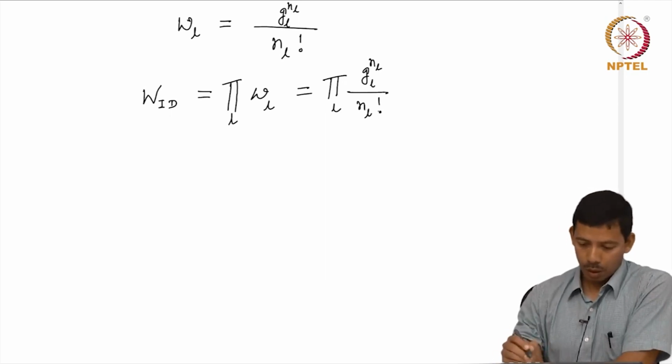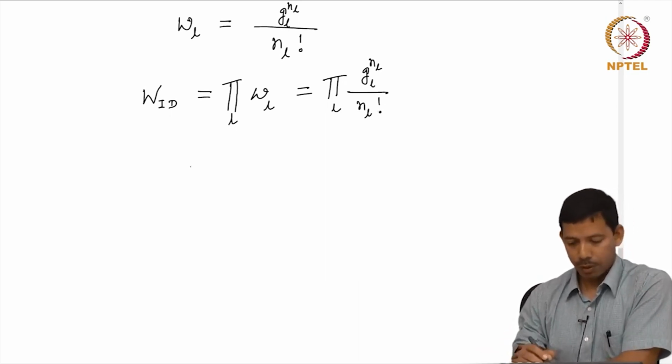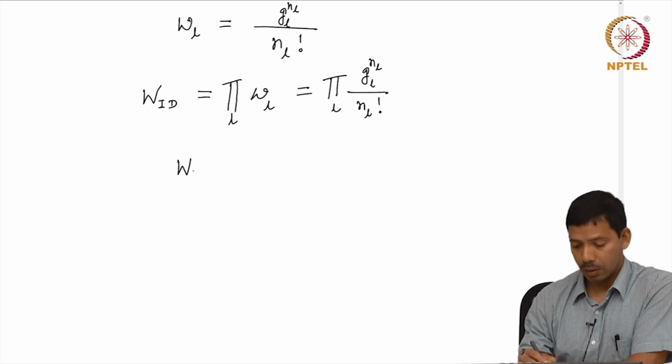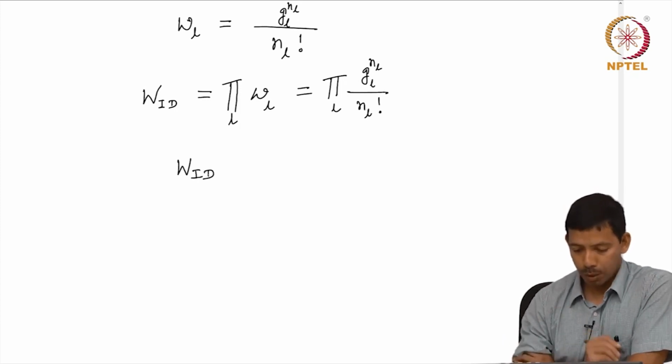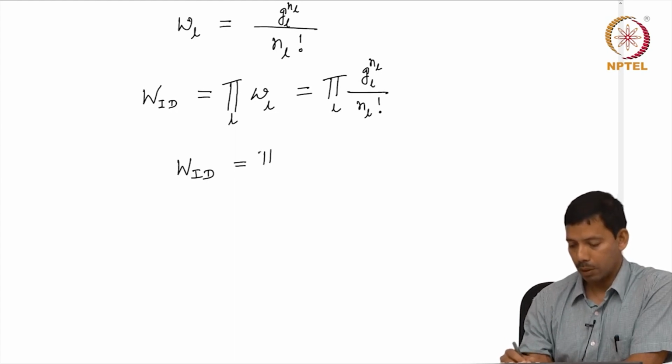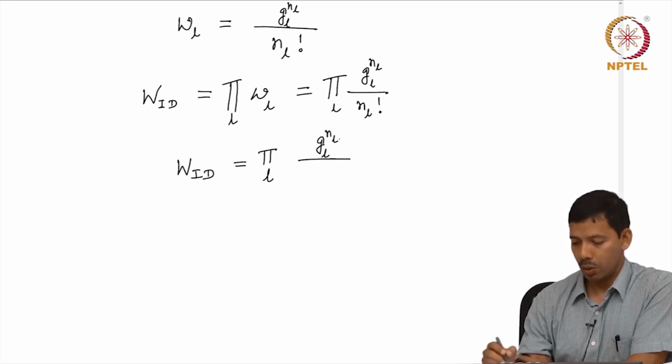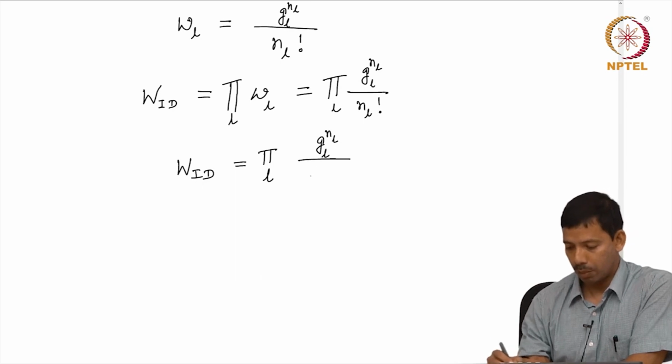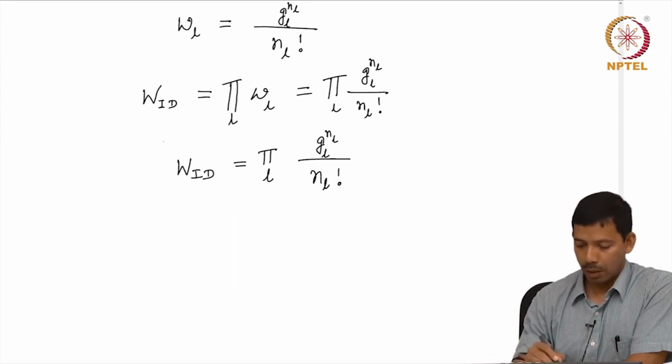So this is our expression for WID, the thermodynamic probability for the indistinguishable particles in terms of energy levels, equal to the product over all energy levels of GL to the power NL divided by NL factorial.